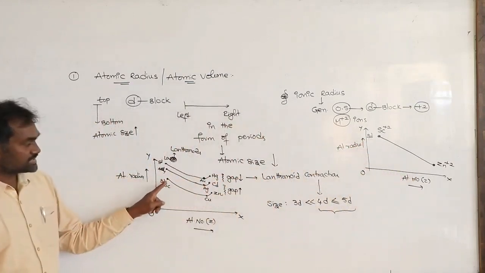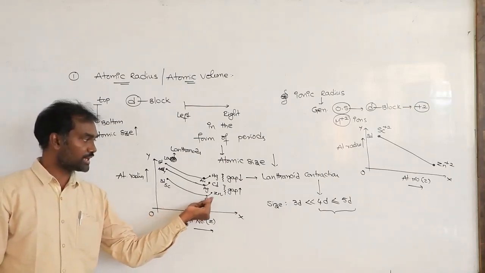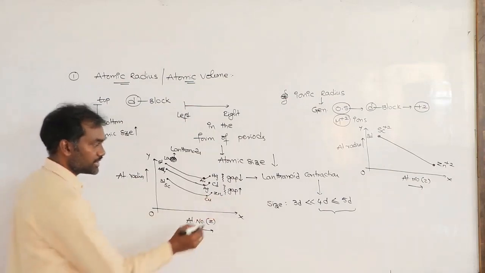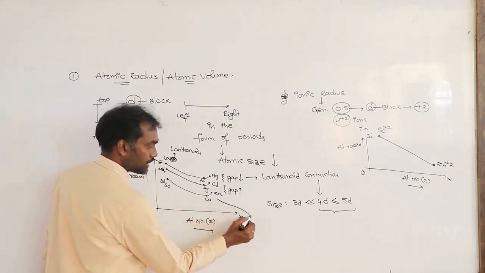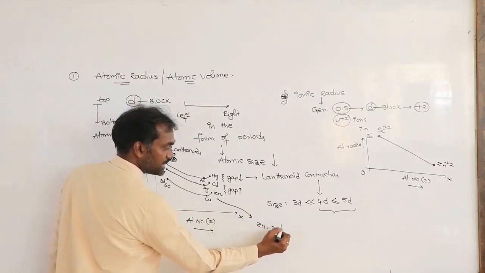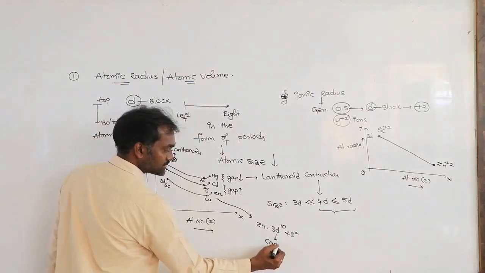In the atomic radius, scandium to copper decreases exponentially, and then it increases a little bit. Why does it increase? Zinc has 3d10 4s2, completely filled electrons.